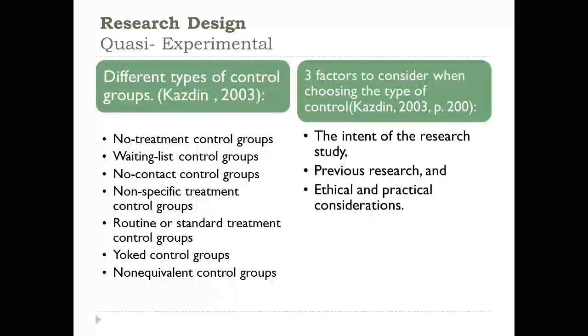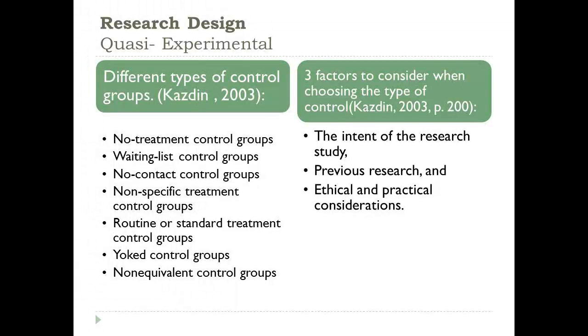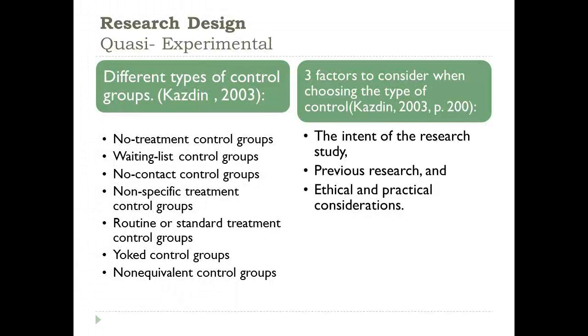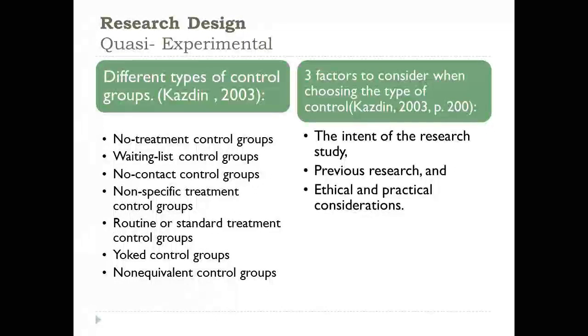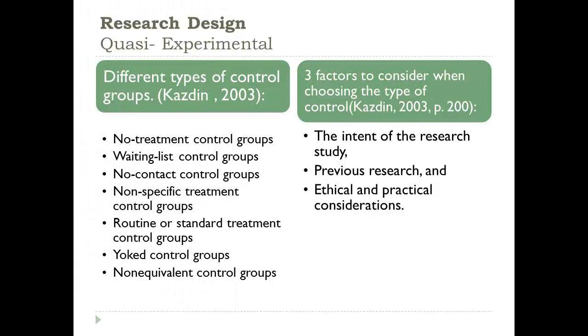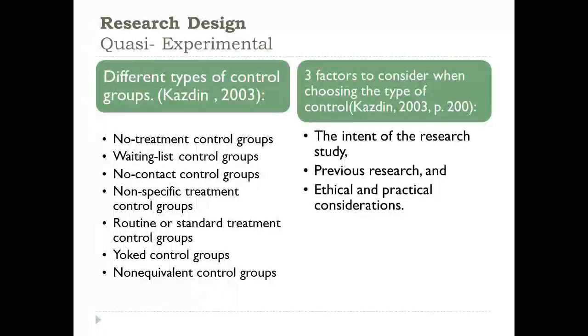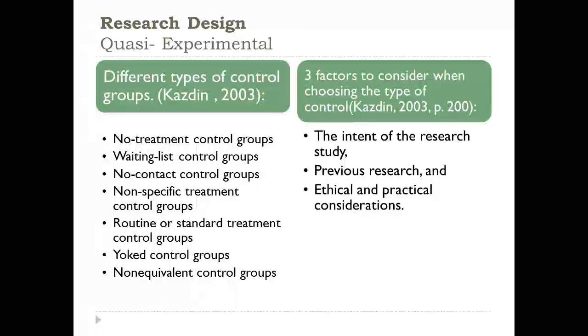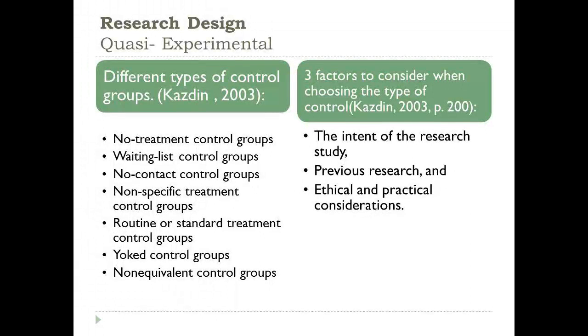Let me go back and just remind you, quasi-experimental design has two characteristics, manipulation and control. It is often used in educational research because it's too impossible or not ethical to do the more rigorous true experimental design, which we're going to talk about next. And really the aim of a quasi-experimental design is to determine the effectiveness of some type of intervention.